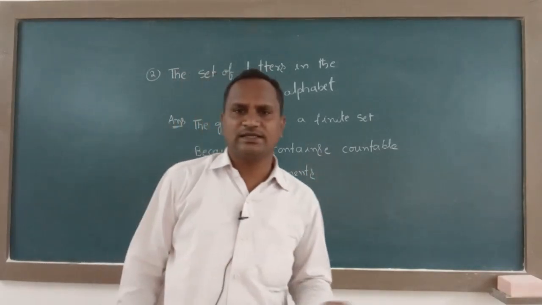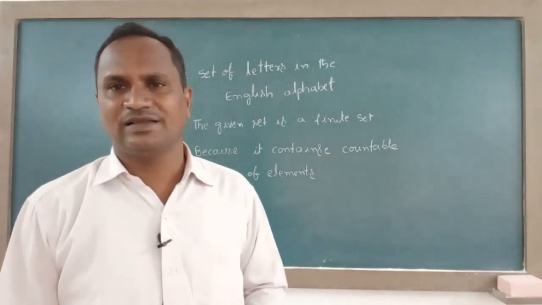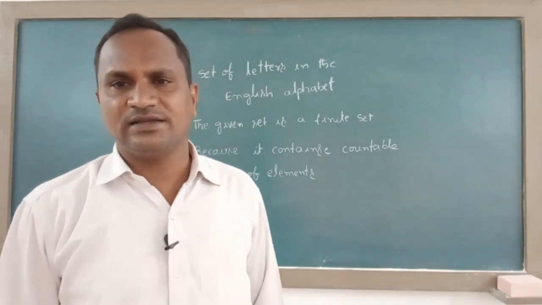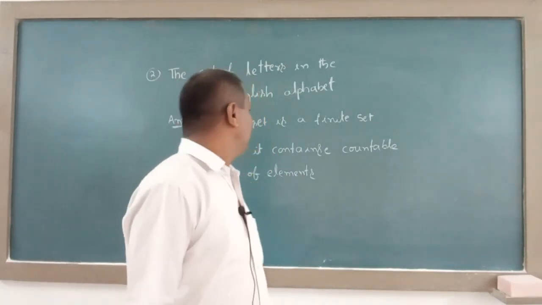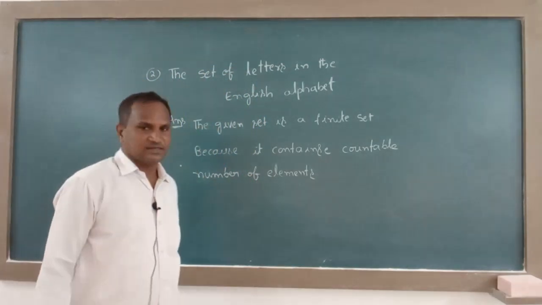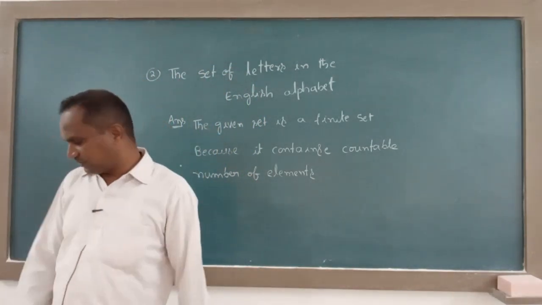Twenty-six elements are there. Easily we can count them here. You can count them means it contains a countable number of elements. This is the answer for the second question. Next, the third question.